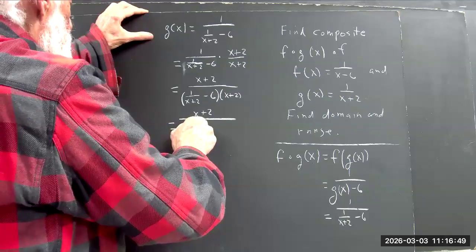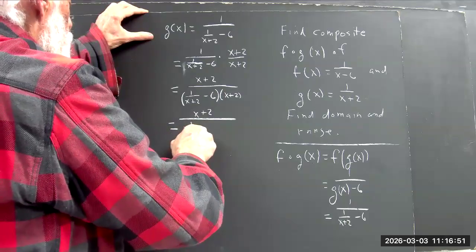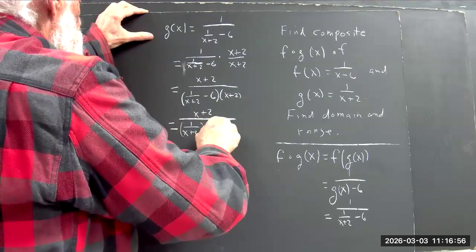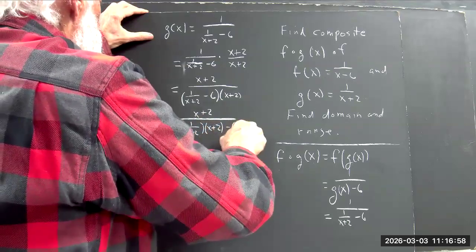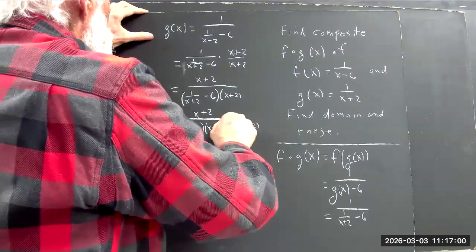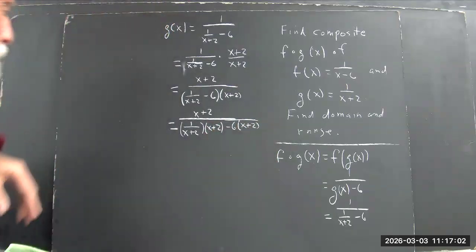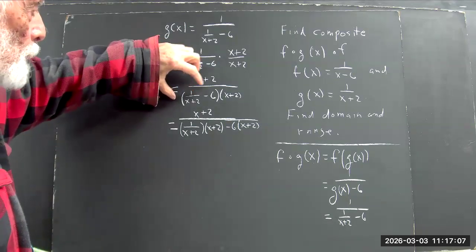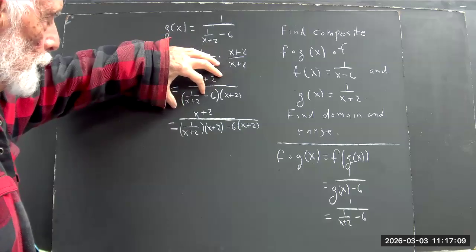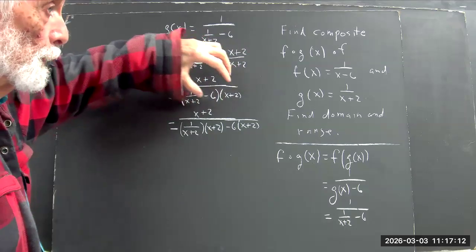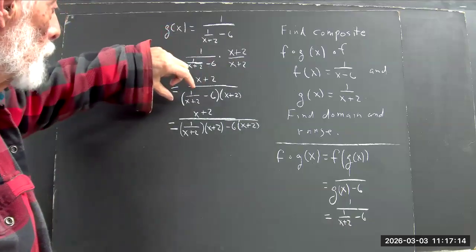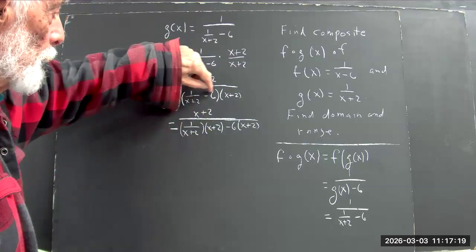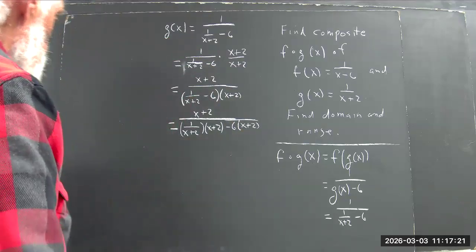divided by 1 over x plus 2 times x plus 2 minus 6 times x plus 2. Again, that's the distributive law. We have the quantity 1 over x plus 2 minus 6 multiplied by x plus 2 in the denominator. So we multiply the 1 over x plus 2 by x plus 2, and we multiply the minus 6 by x plus 2.